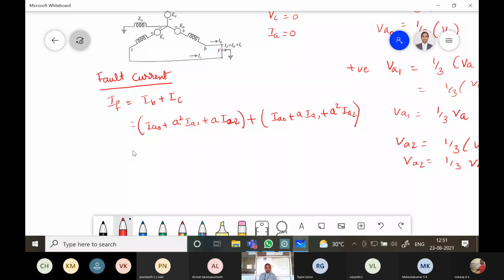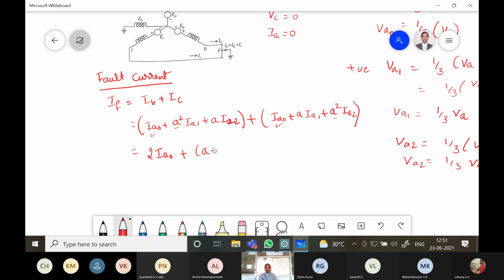So now we can write this. What is IA0? From this, IA0 one and another IA0, so I will write 2 times IA0 plus, and we have A square IA1 and A square of IA2. A square and A is common. Here also A square, A is common.